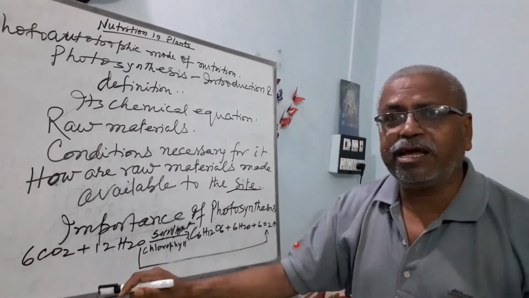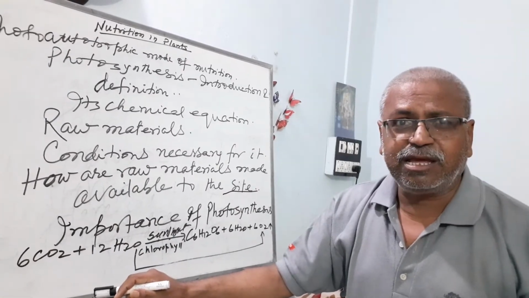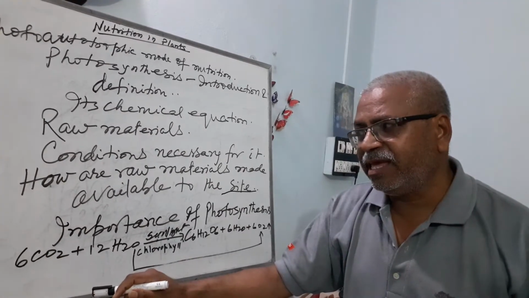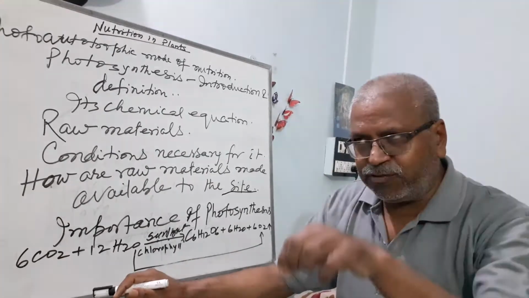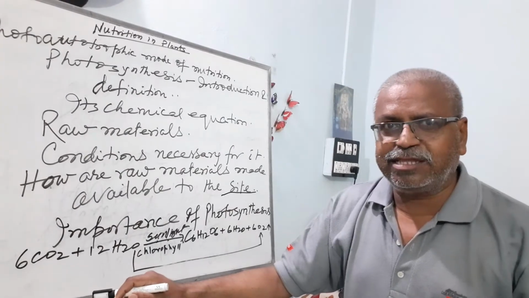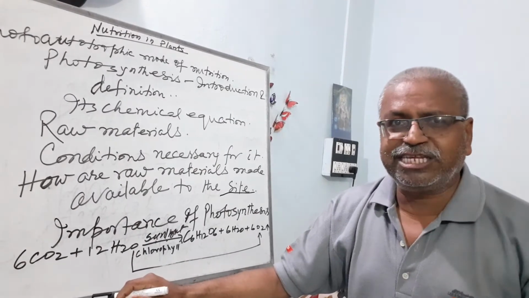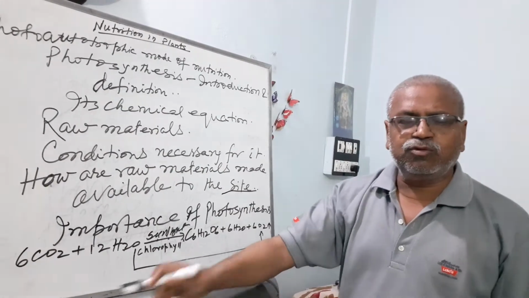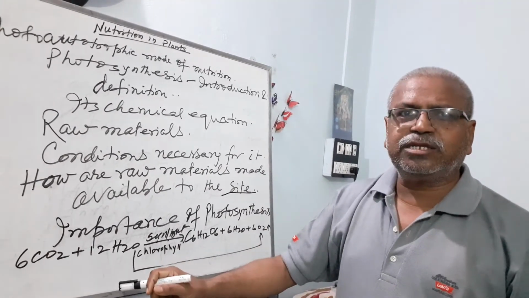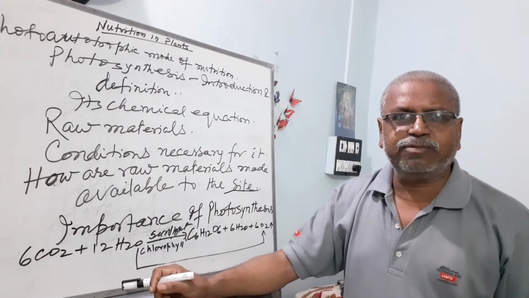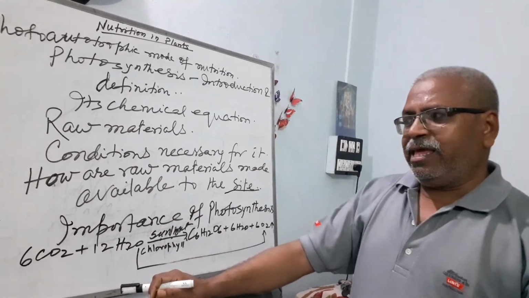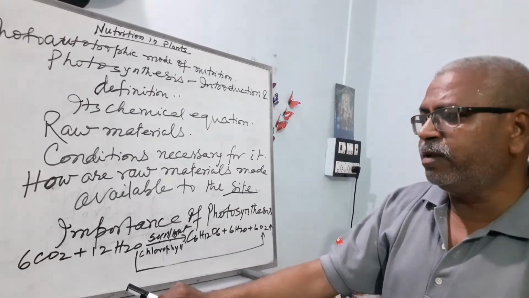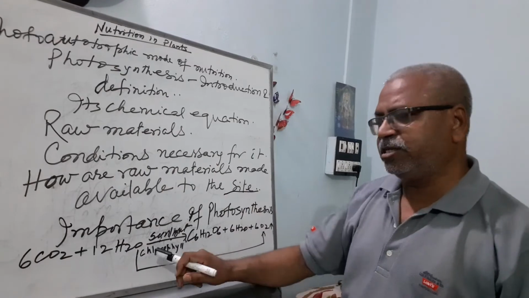Stomata are apertures, pores present in the epidermis of the leaf, and once the air diffuses through the stomata inside the mesophyll, it diffuses easily through the intercellular spaces to each and every cell of the mesophyll, from where it diffuses inside the cell and is made available to the chloroplast.